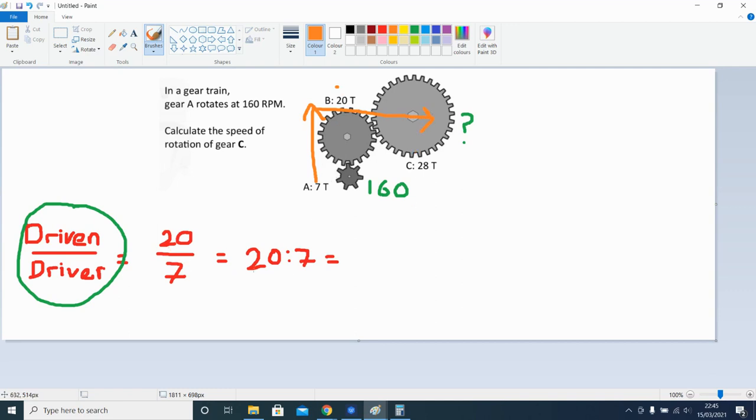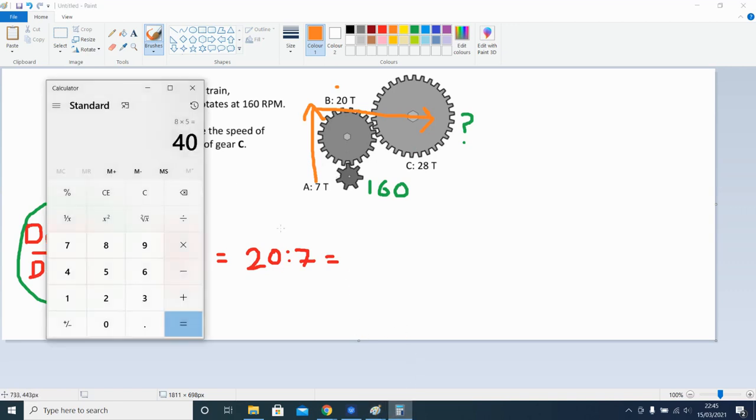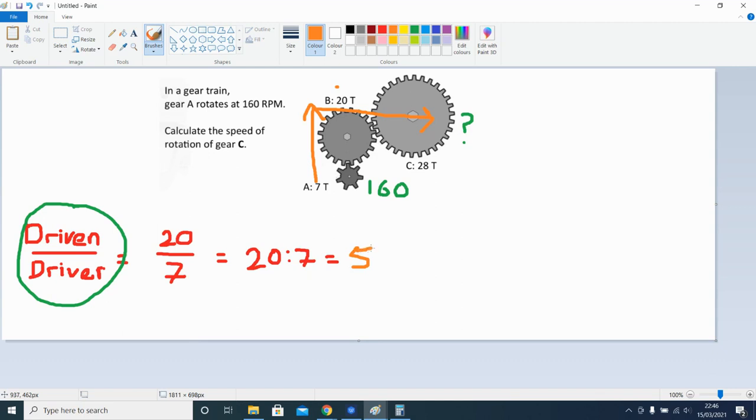So it's 20 divided by 7, which gives us a ratio of 20 to 7. And so we get a ratio of our speed. So that's 160 speed in, divided by 20 equals 8, multiplied by 7. Our ratio gives us 56. So we have 56 RPM on our first input gear system here.